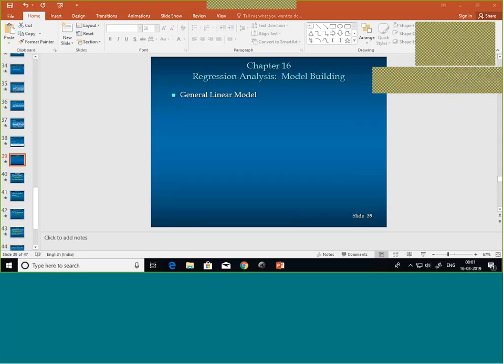What we have learned so far in regression is we started with a simple linear regression equation. For that we have done the analysis. After that, we moved to multiple regression.